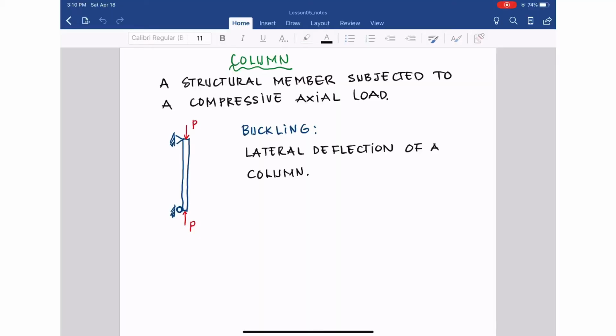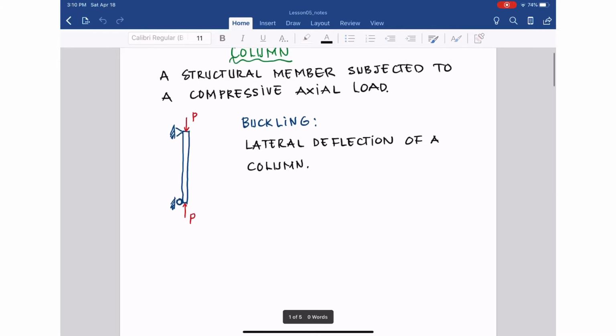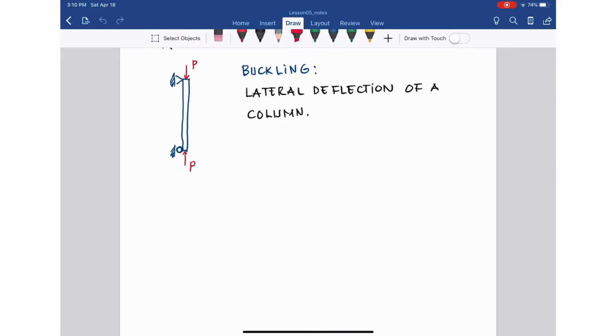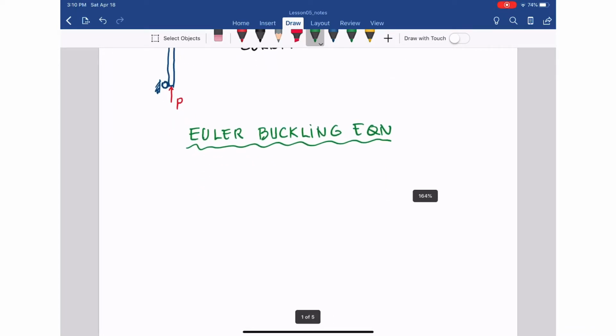With that demonstration of buckling, to consider buckling, Euler came up with an equation, so let's discuss that equation. That is the Euler buckling equation.